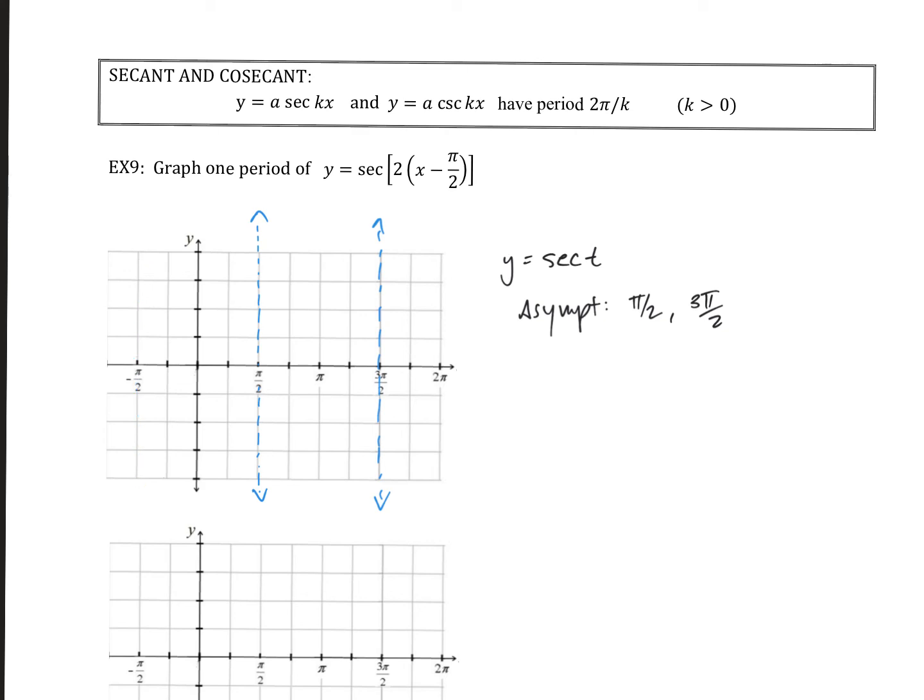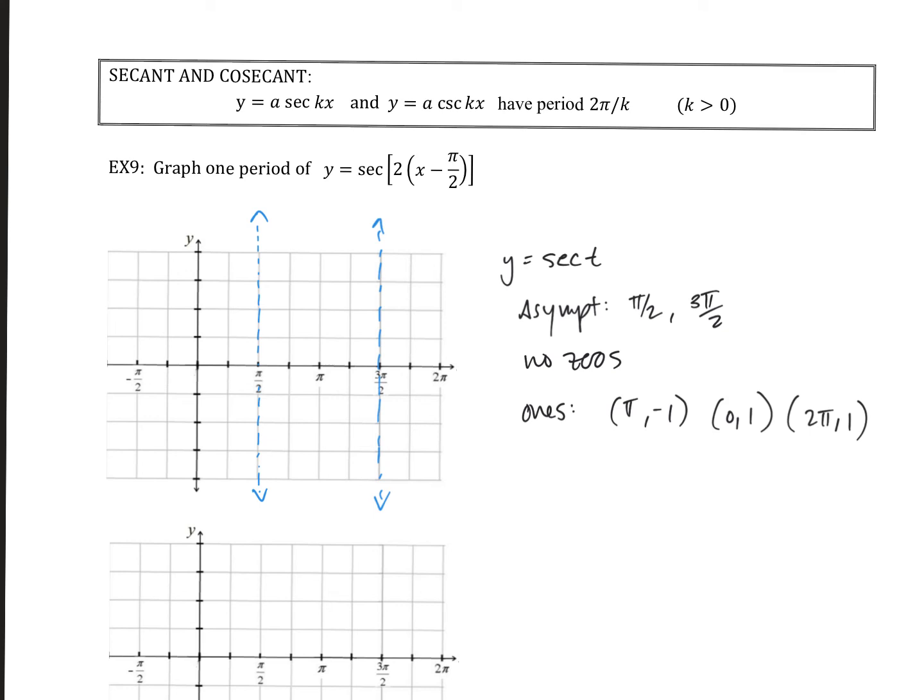So we'll go ahead and erase that. Next, what do we know? Well, we don't have any zeros, so no zeros. But we do have some ones. And we have ones at (0, 1), (pi, negative 1), and (2 pi, 1). So let's go ahead and plot those in.